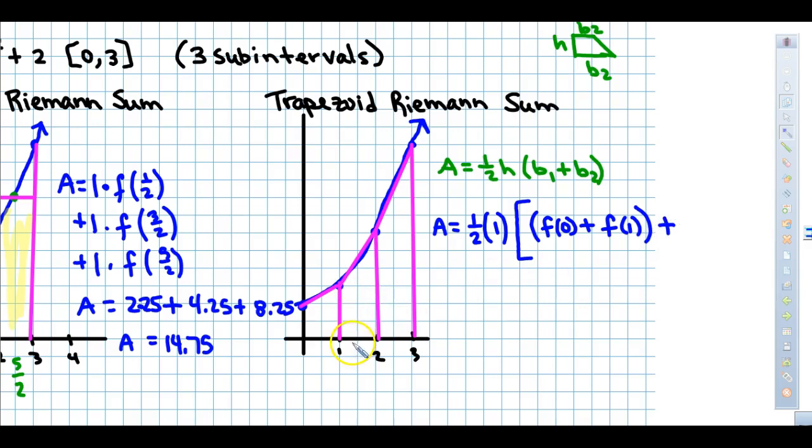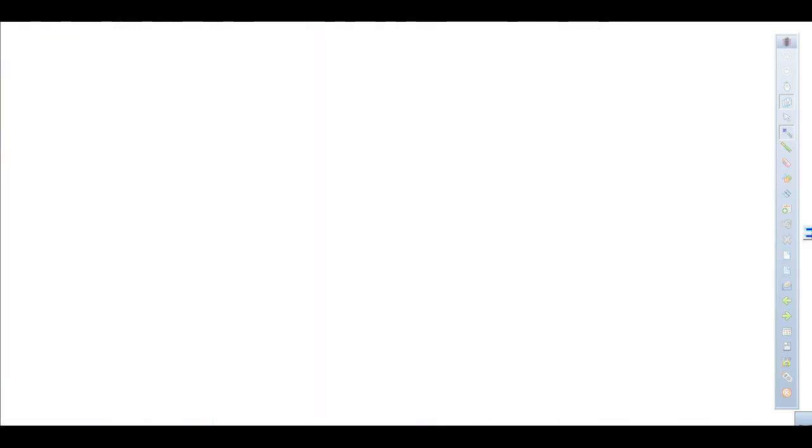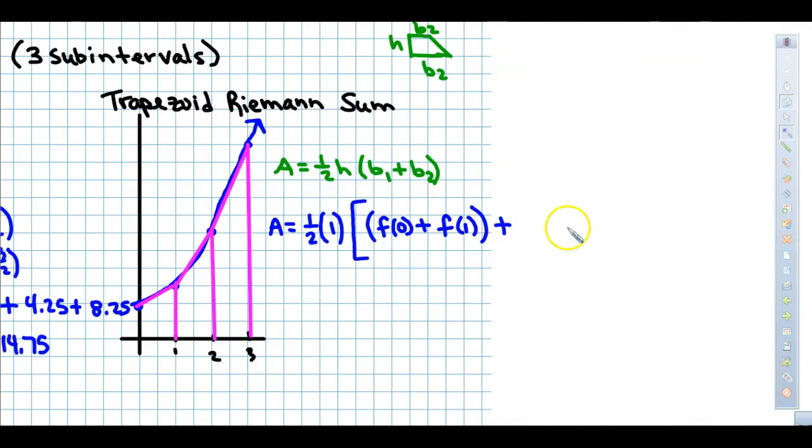Second trapezoid, I'm still going to do 1/2 this height, which is 1. That's why I was factoring it out. Now just do this base plus that base. Well, this base is f of 1, plus this base, which is f of 2. And now we're going to do this one, which is f of 2 plus this base, which is f of 3.